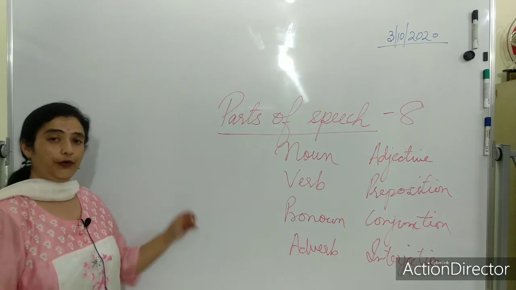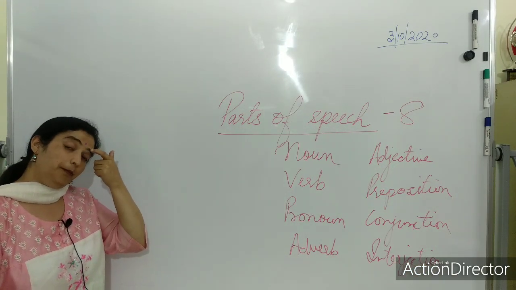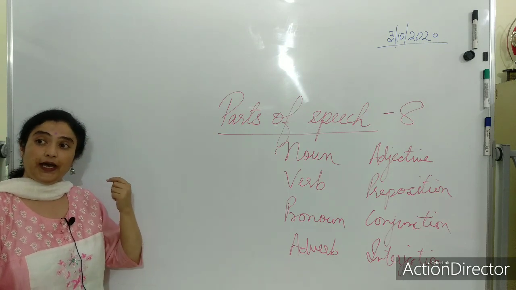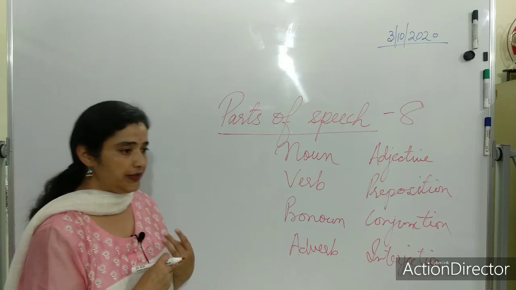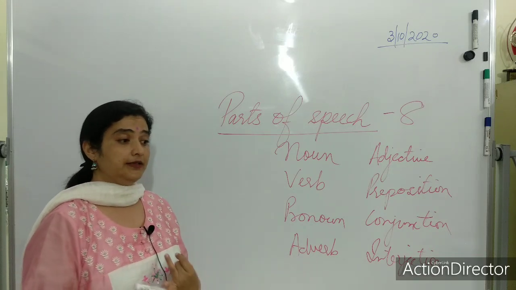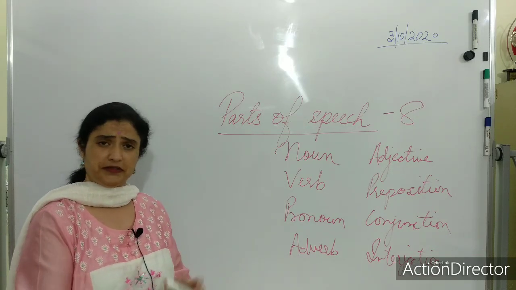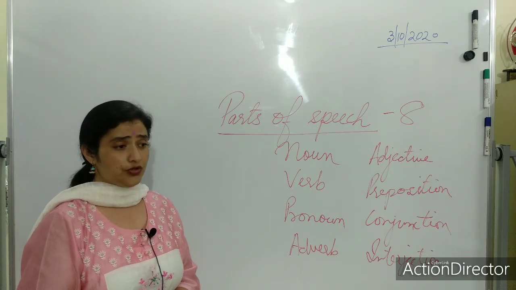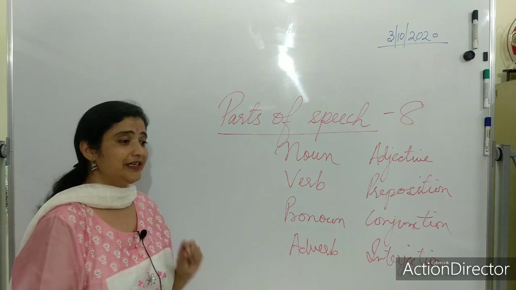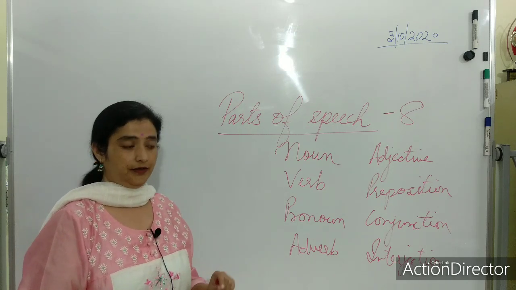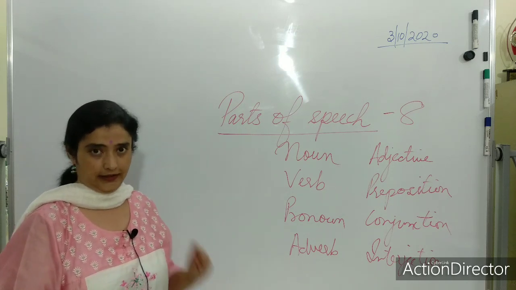So these are your 8 parts of speech, and it is very important for your understanding, for writing correct grammatical English, not just for your answers but even for your future, whatever you get into, that you are at least able to write grammatically correct English.